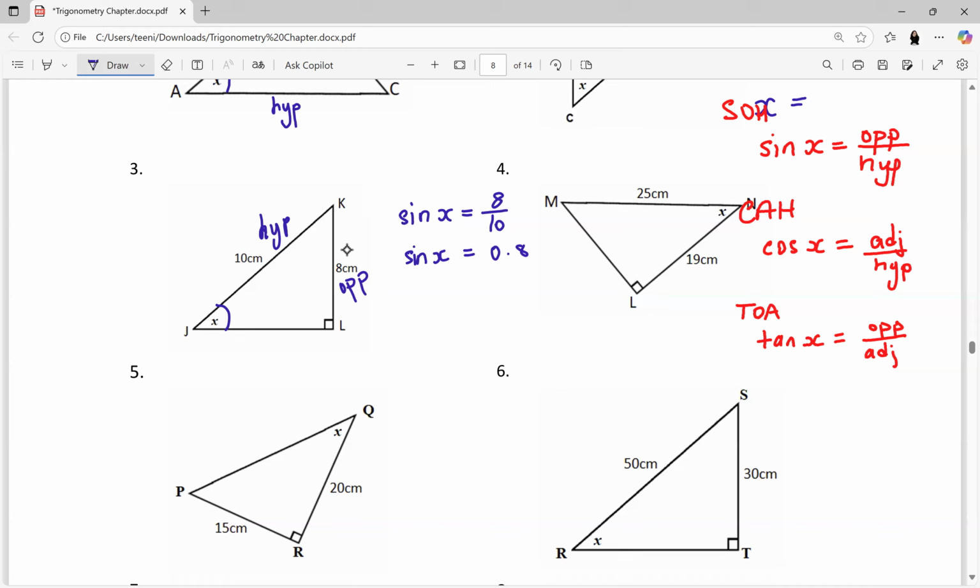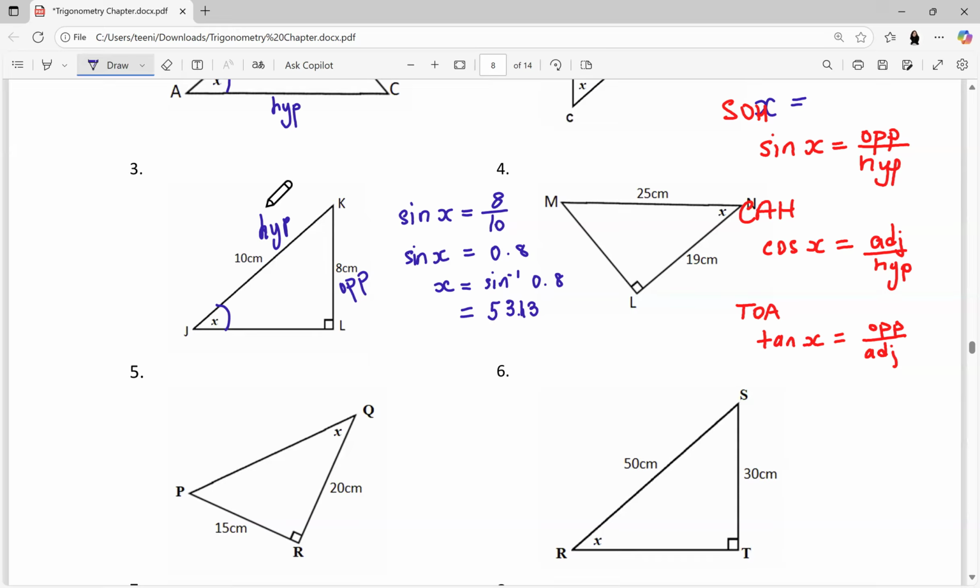So sine of angle x is equal to 0.8, and therefore angle x would be the sine inverse of 0.8. So Josh, work out sine inverse of 0.8 and tell me what you get. I got 53.13. Yes, that is correct. Perfect. Okay.